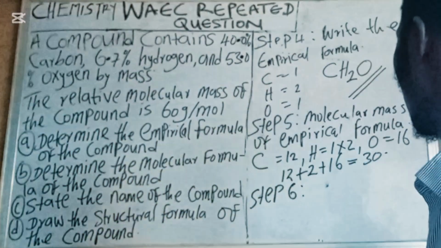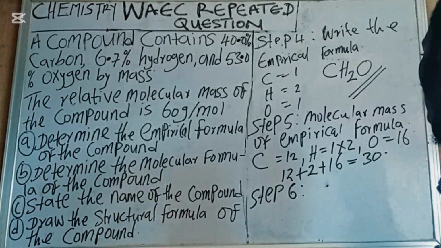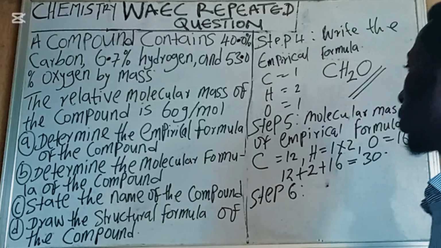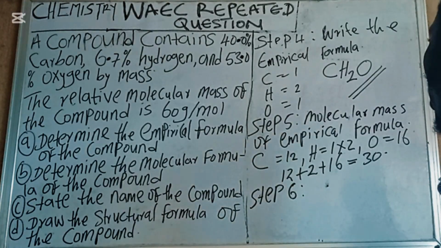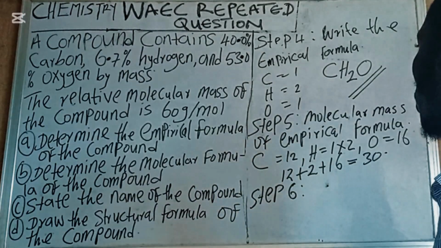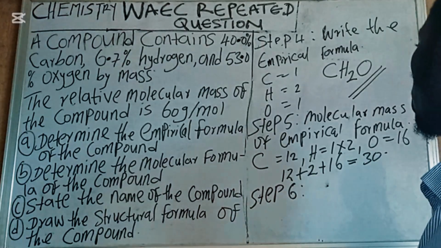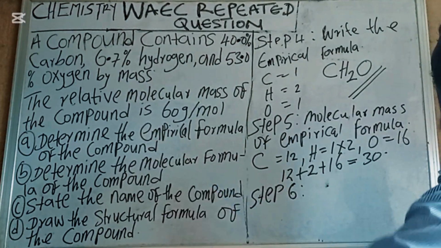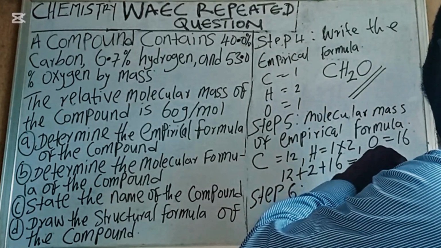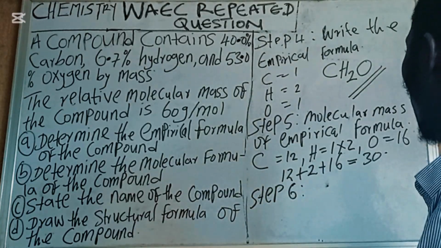Now our next step is step 6. This is one of the important vital steps, because after getting your step 4 and step 5, what you will do here is go back and divide the relative molecular mass by the empirical formula mass.